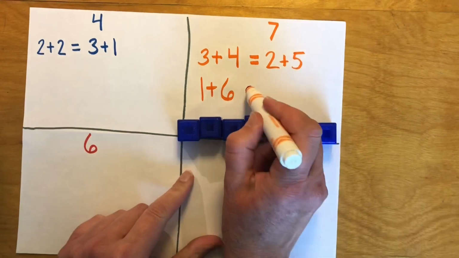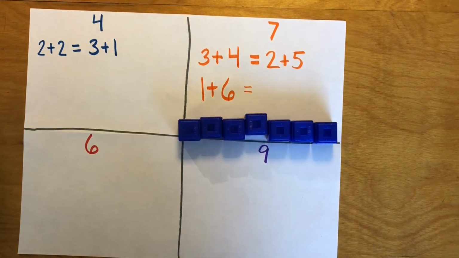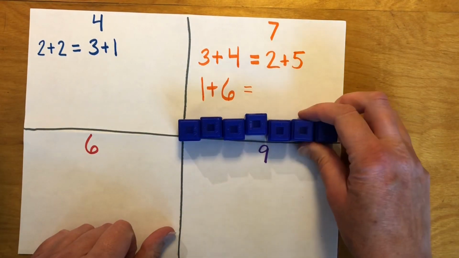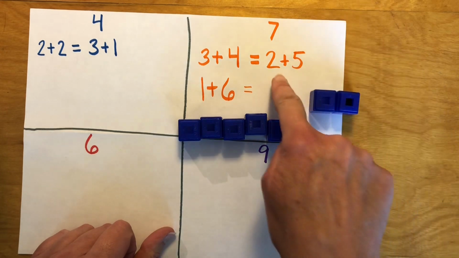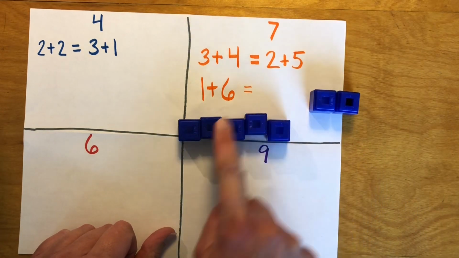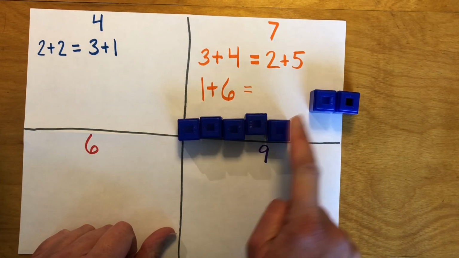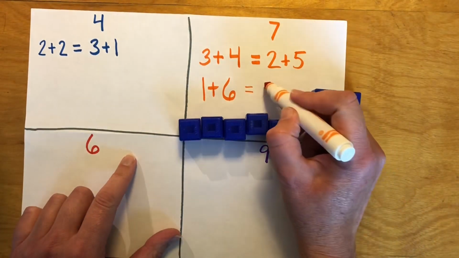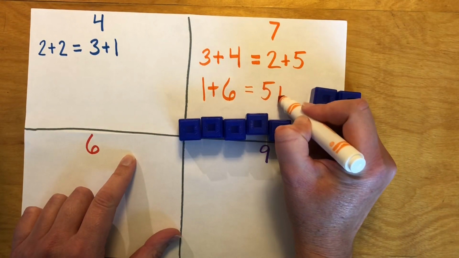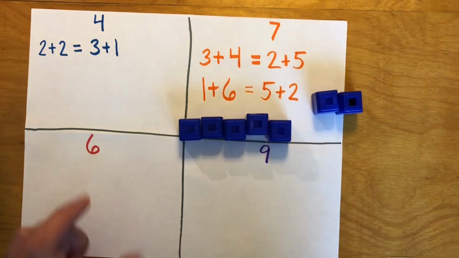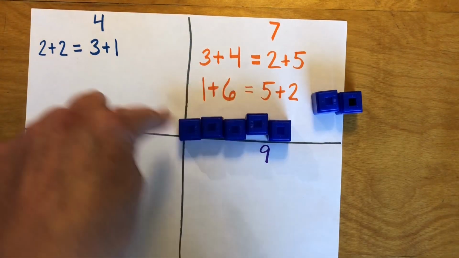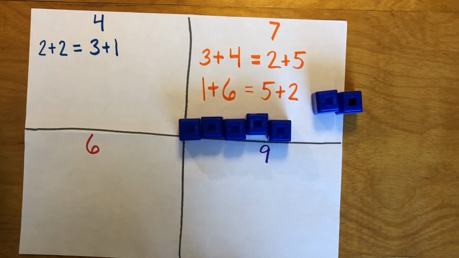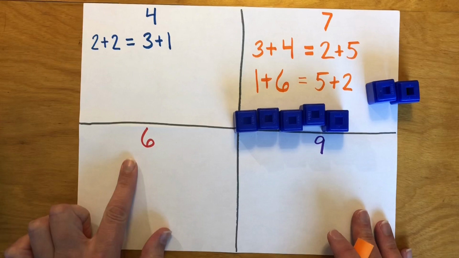Let's do it a lot like this one, but we're going to have 1, 2, 3, 4, 5, and then 2. 5 plus 2. So all 4 of these are equivalent, meaning they all get to 7. They all equal 7.